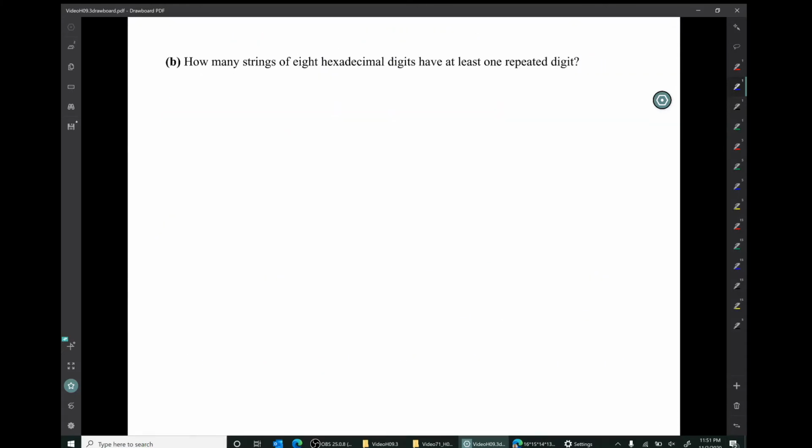Let's go on. Question B. How many strings of 8 hexadecimal digits have at least one repeated digit? Now, if you think about that, counting that directly would be very confusing.